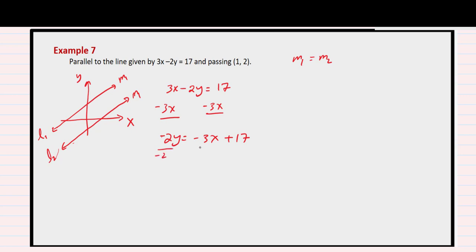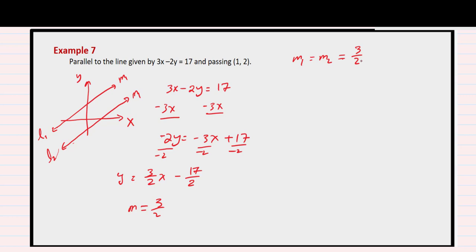Divide all terms by negative 2. So we have y equals 3 over 2 x minus 17 over 2. Now this is slope-intercept form, so the slope of this equation is 3 over 2. The slope of the first one is 3 over 2, and the slope of the second one is going to be 3 over 2 because the two lines are parallel.